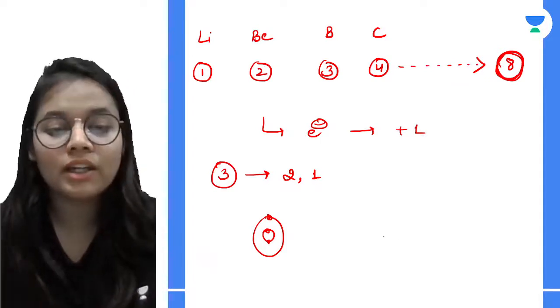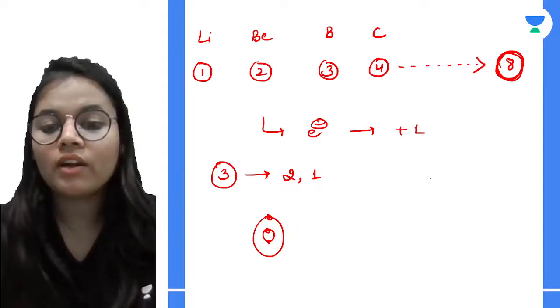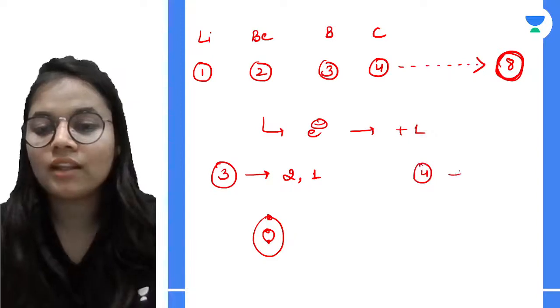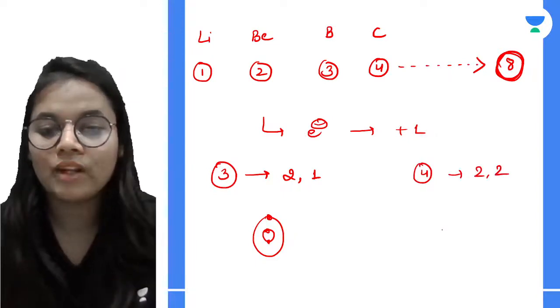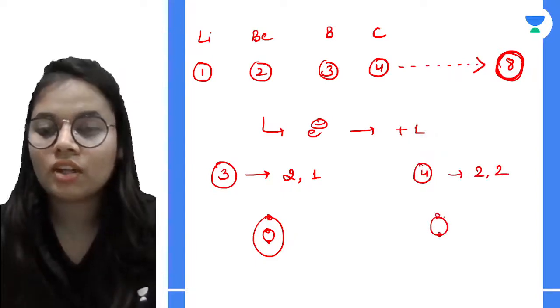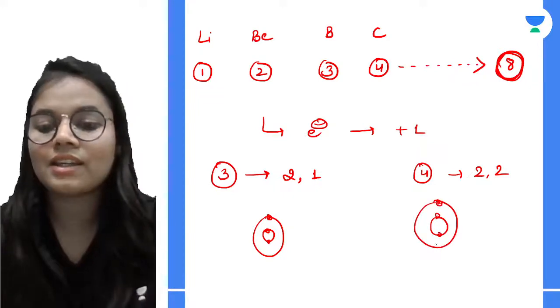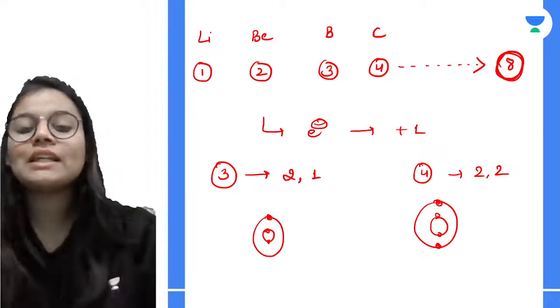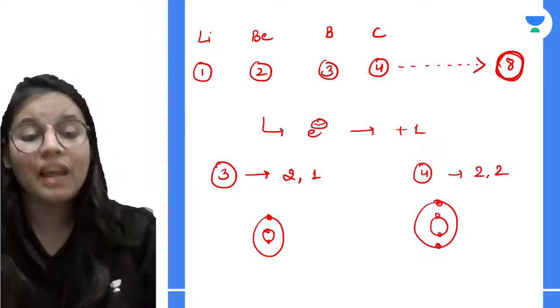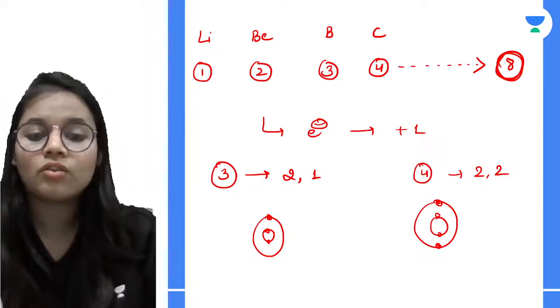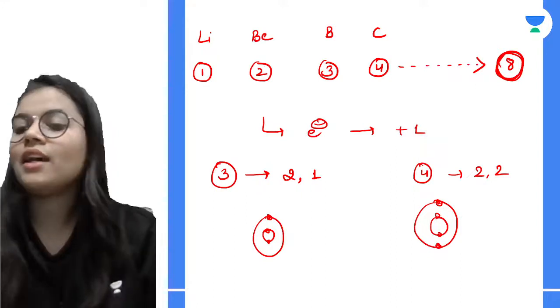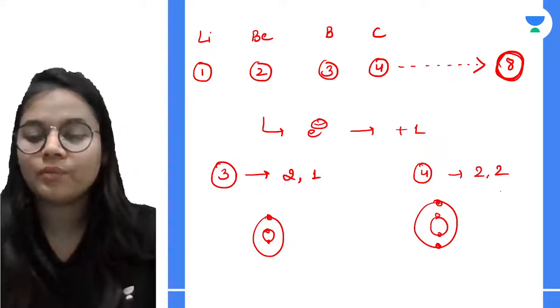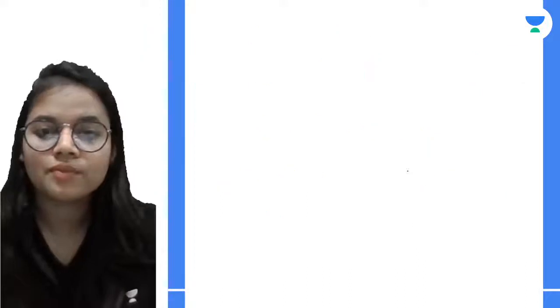If I talk about beryllium, the atomic number is 4 and the electronic configuration is 2 and 2. That means in the first shell, of course, 2 electrons, and in the second shell we are going to have 2 electrons. This increases until we get 8 electrons, which is a stable configuration, and then we have the next period. This is how it goes.